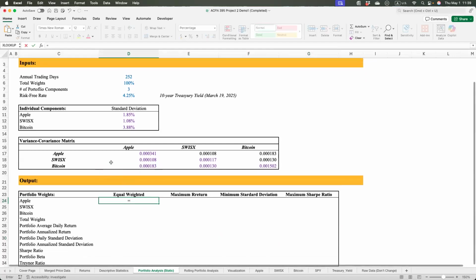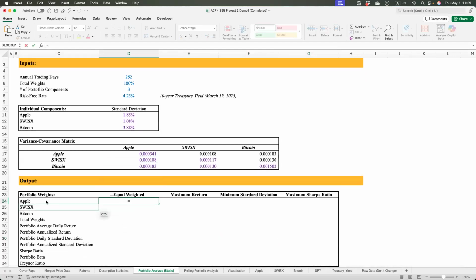So for this one, we're just going to calculate the weights for my portfolio. Since I only have three components, I'm just going to use the total weights here. I'm going to anchor that, divided by my total number of components, and same idea, I'm going to anchor that.